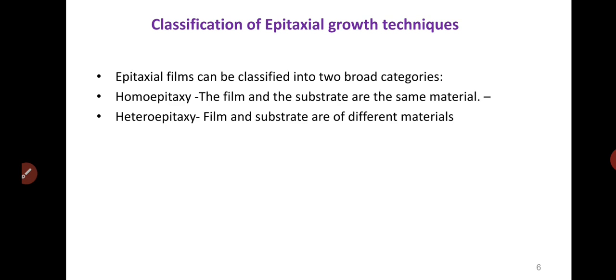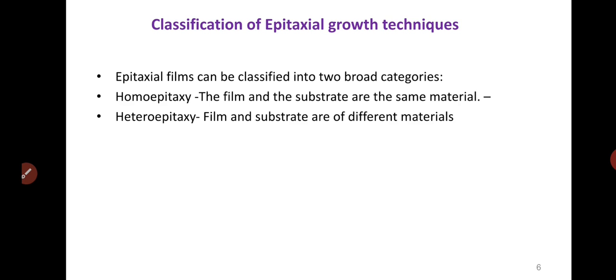And in homoepitaxy, for example, if the deposited material or the film is of silicon, and if the substrate is also of silicon, then this is called as homoepitaxy.